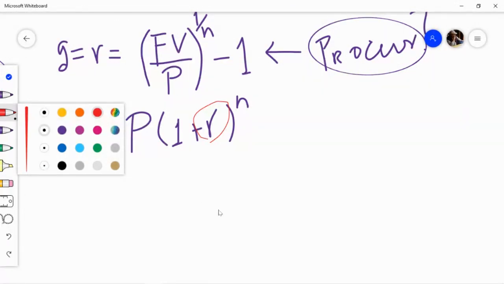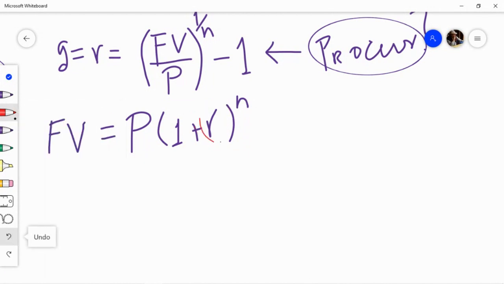Because our concern is r, we need to isolate this, but there's no way you can directly isolate r. Why?